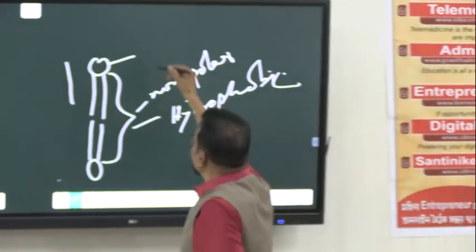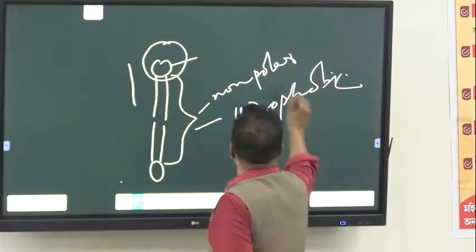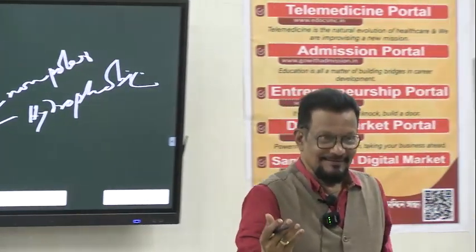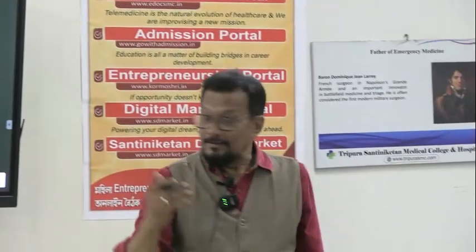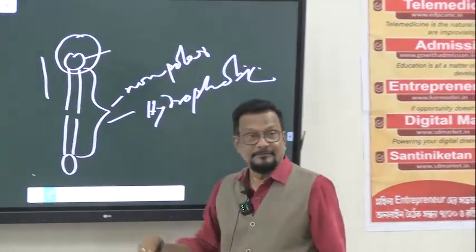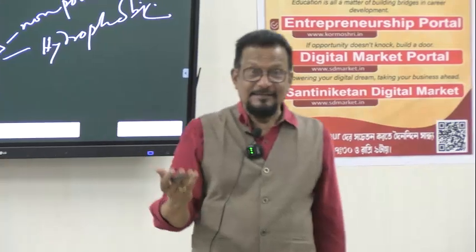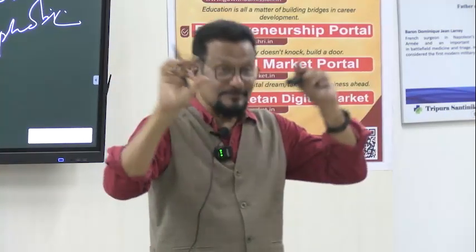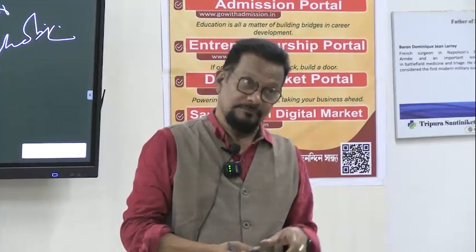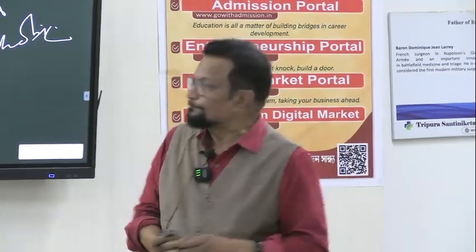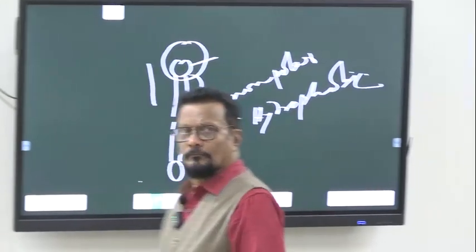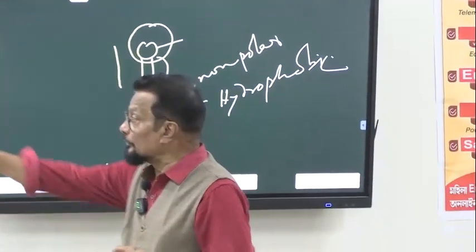And this part is opposite to this, meaning they are polar and not hydrophobic, they are hydrophilic. That means this part is water soluble and the middle part is water insoluble. Okay? So in between we got cholesterol.